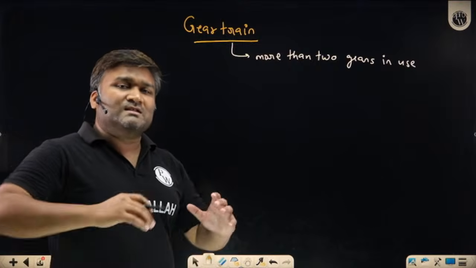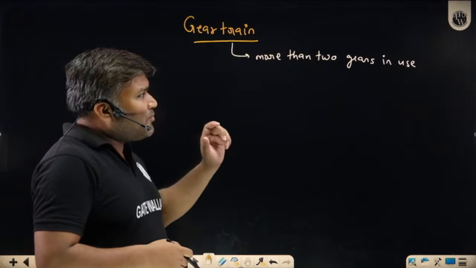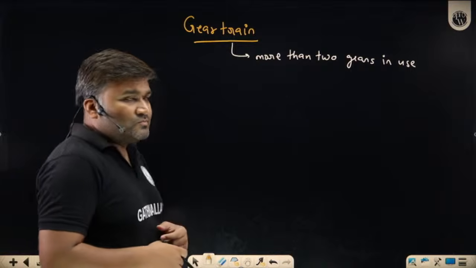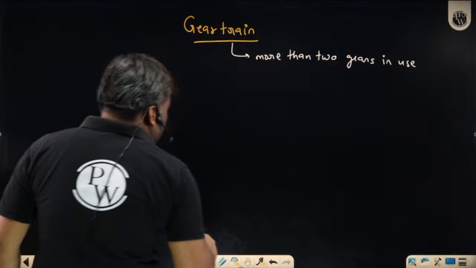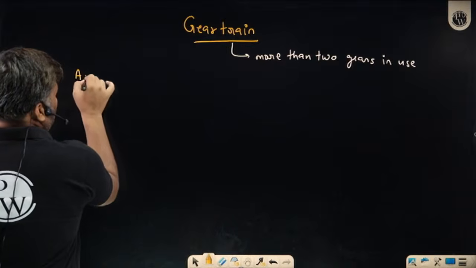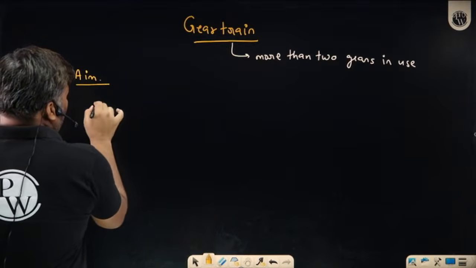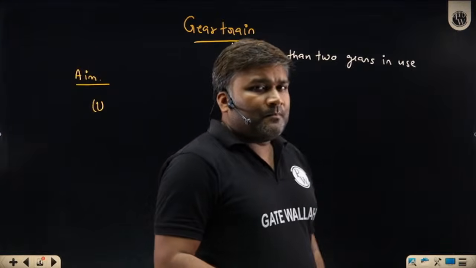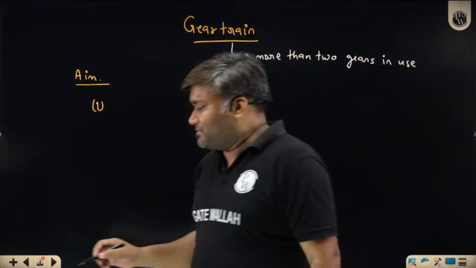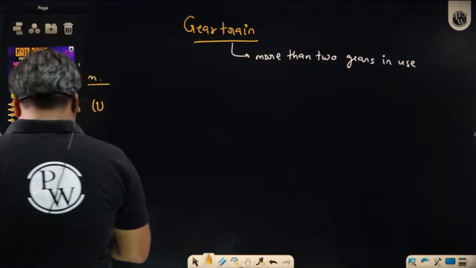What is the need? Why are we looking for multiple gears? There are two major aspects for this, है ना? So first thing, sir, suppose if I am using only two gears, what can I achieve?